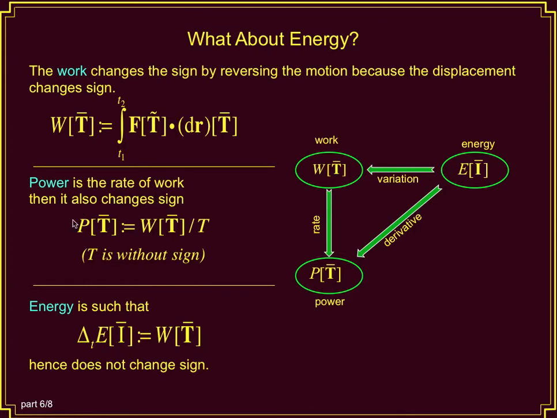Power is the rate of work, it also changes sign. We divide by the value of the duration of the time interval, which is not the time interval like the one denoted in boldface. Energy is such that the variation of energy gives a work. As you can see in this slide, the energy is associated with time instant.